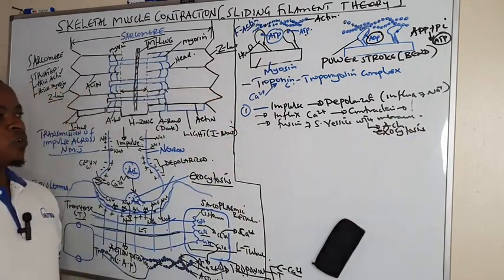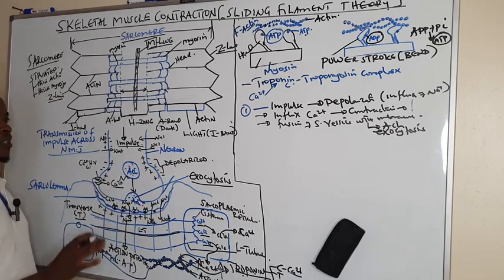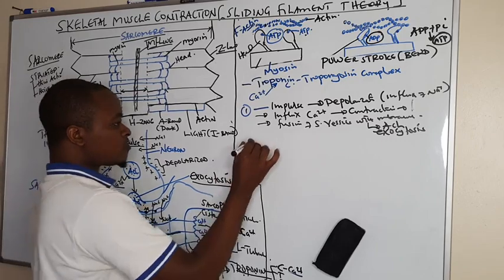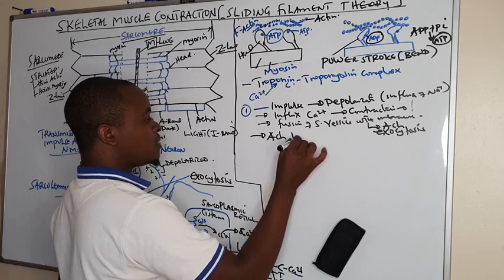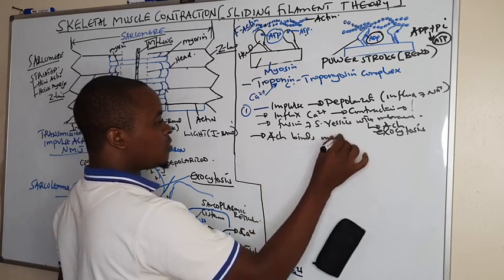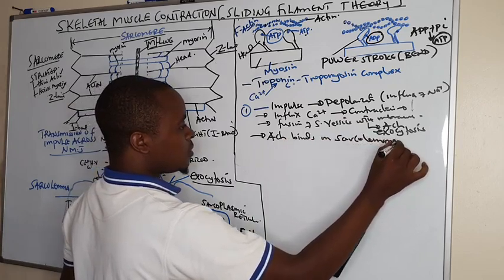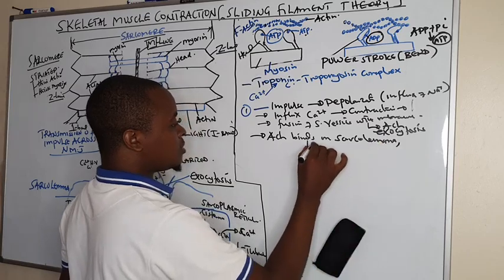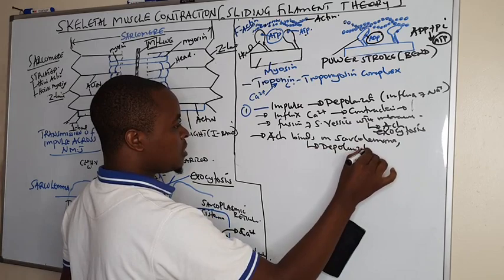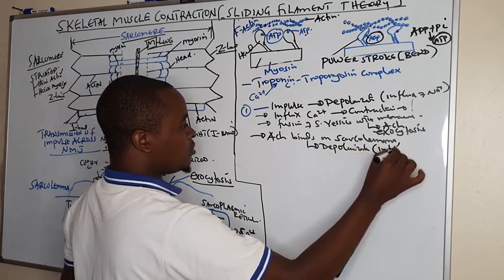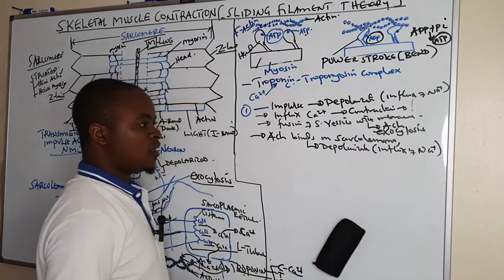And when acetylcholine is released at the neuromuscular junction, it binds on the receptors on the muscle, causing depolarization due to influx of sodium ions.